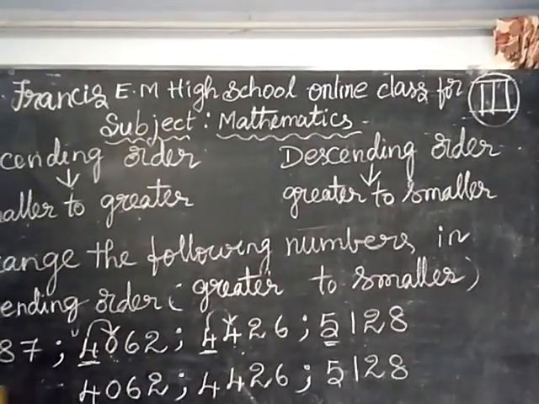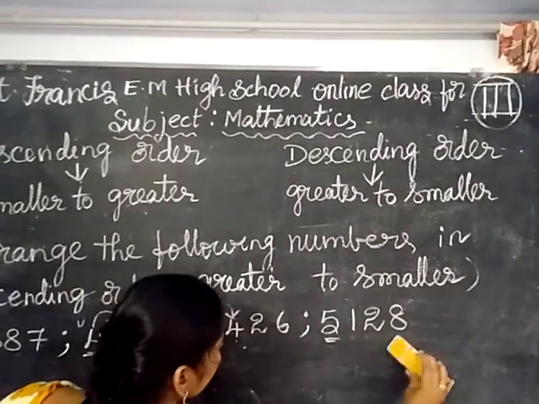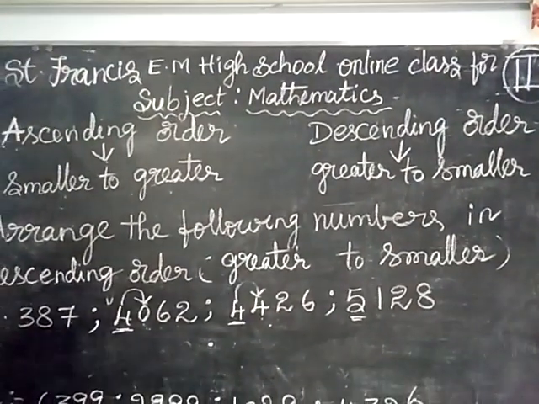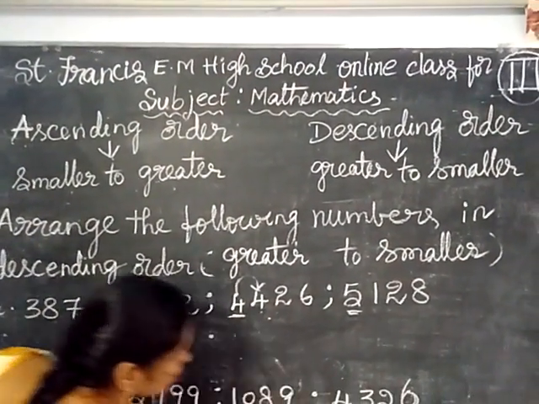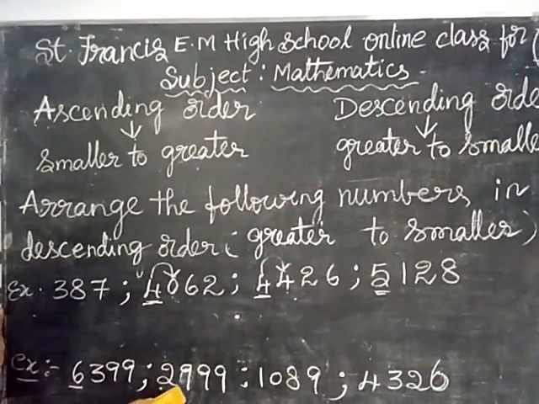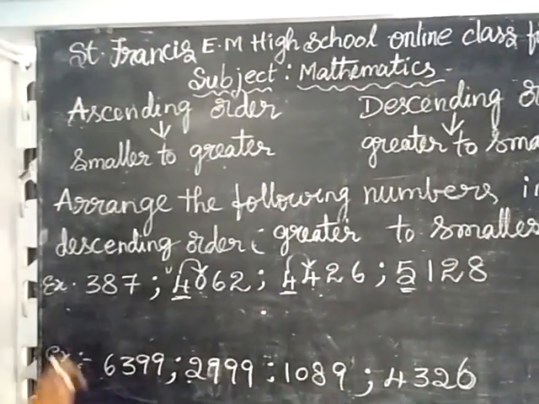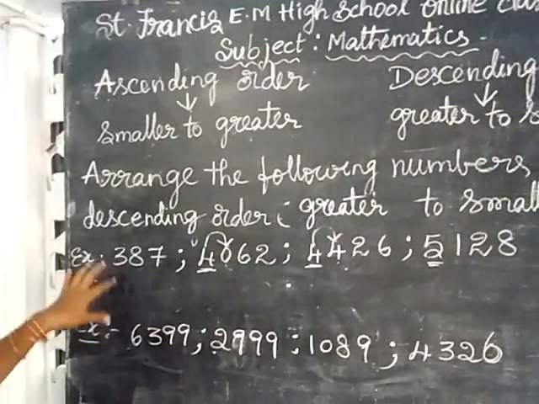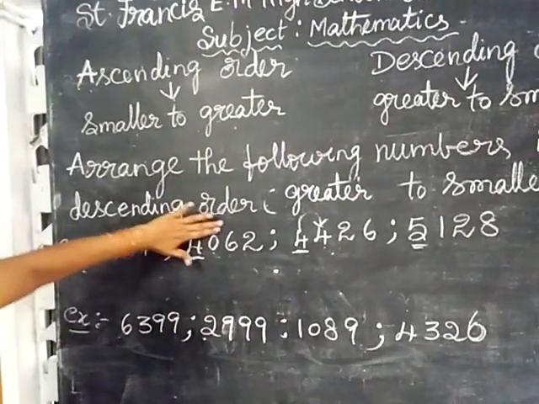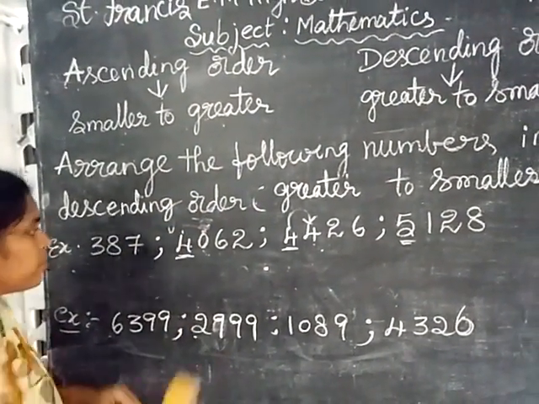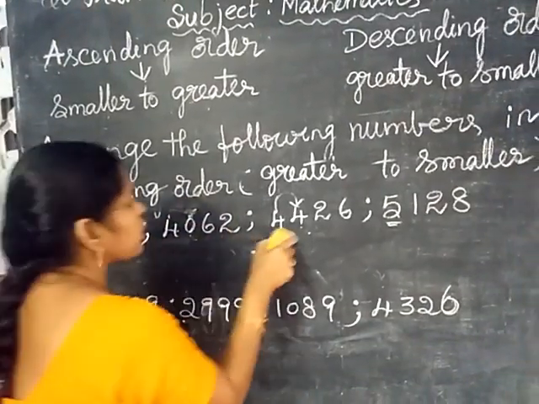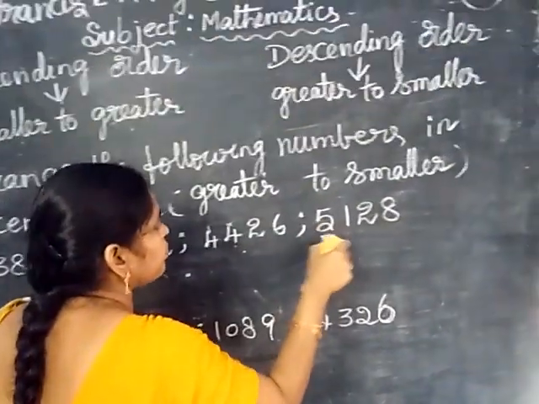I am taking the same numbers and I am writing in descending order. Same process, but you should write from greater to smaller. Count the number of digits in each number first.